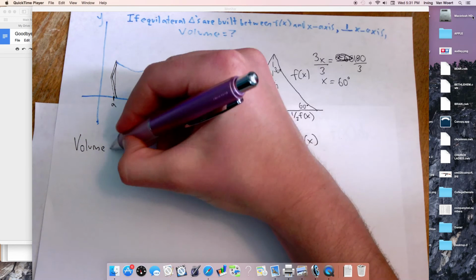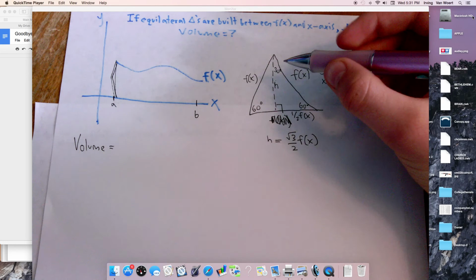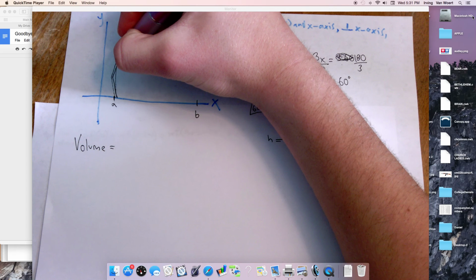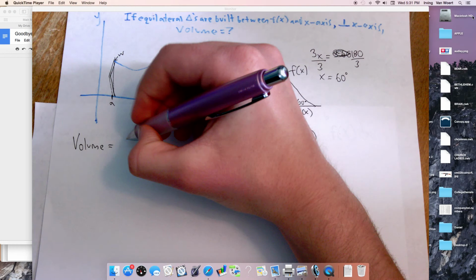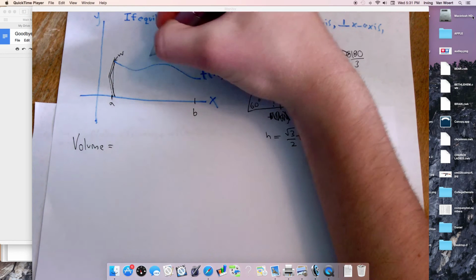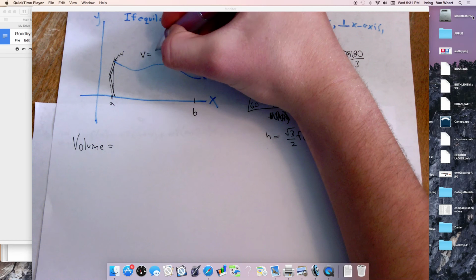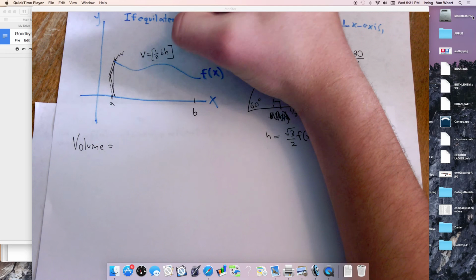So volume is equal to, well, what's the volume of our first little prism here? Let's say this triangular prism has a width of W, just for convenience. So what's the volume of any triangular prism? Well, the volume of any triangular prism is 1/2 base times height, which gives you the triangular base, and then times length.